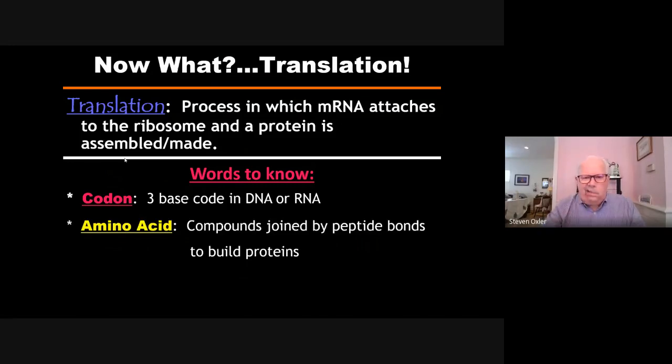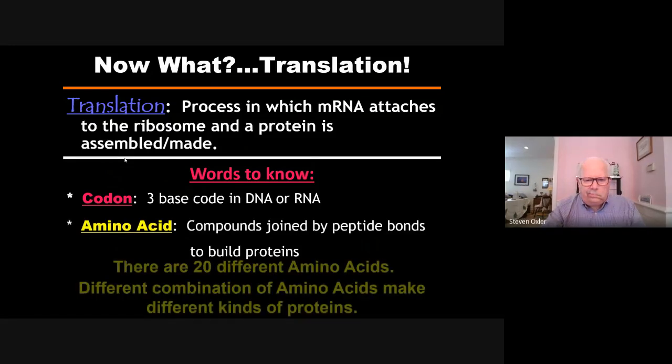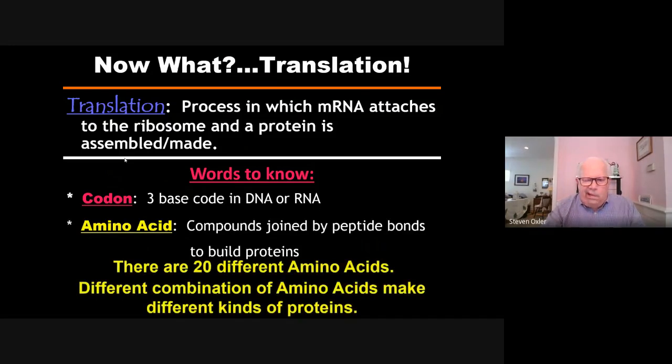An amino acid: compounds joined by peptide bonds to build protein. The basis of proteins is amino acids. There are 20 different amino acids. You don't have to know any of them, but all of these combinations make different kinds of proteins.